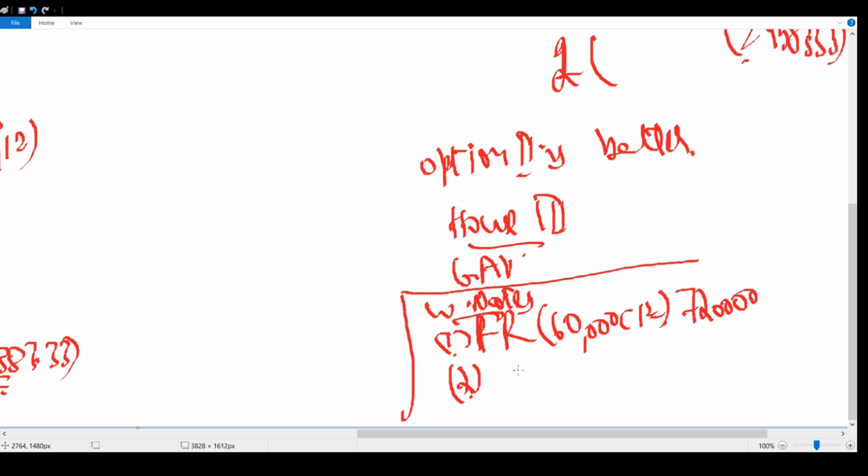Second, expected rent, as there is no standard rent, is 7,20,000, and rent received is 50,000 for 12 months, 6 lakhs.